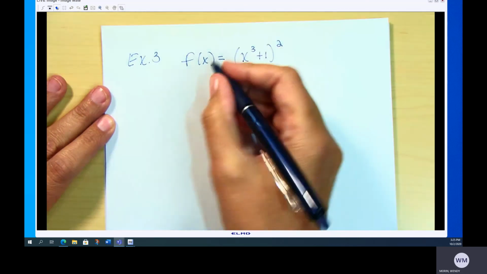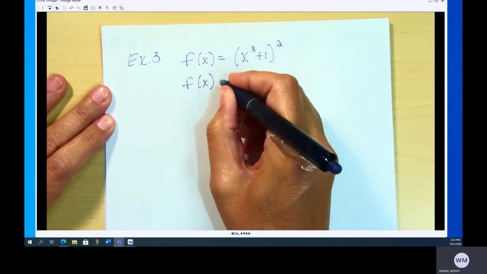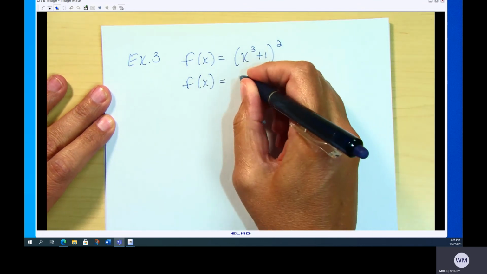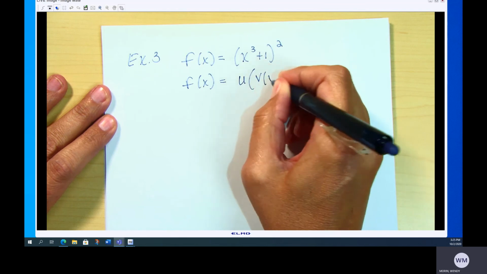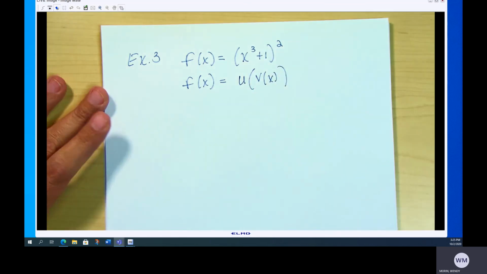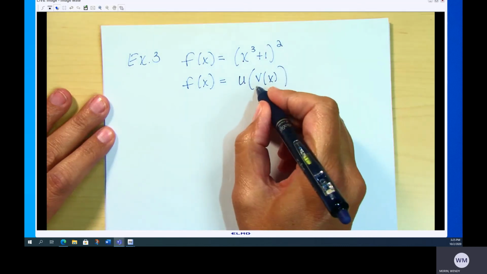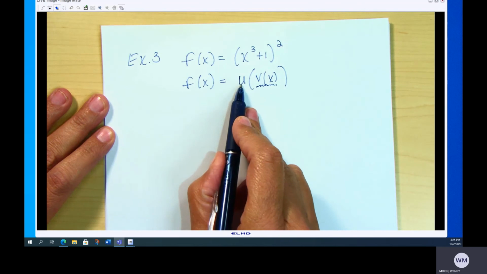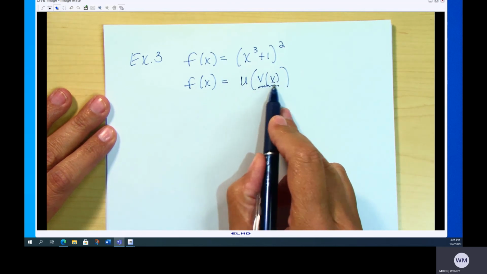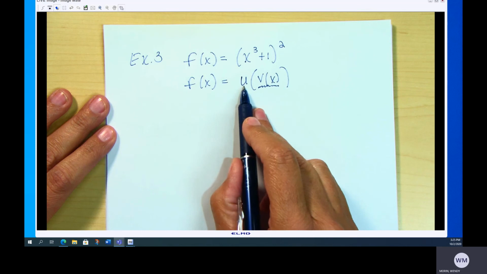And I am going to tell you that this is the composition of u of v of x. So I'm telling you that you inputted v of x into u. You replaced v of x for every x that was in u.